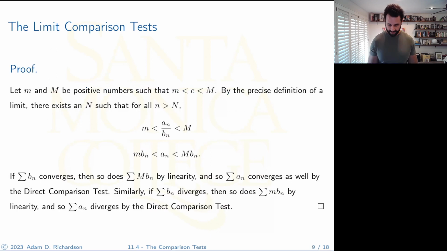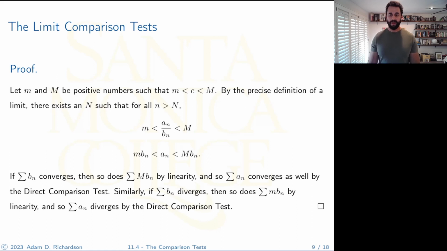Because we know that limit exists, there is a point where m will be less than that ratio and capital M will be bigger than that ratio. Multiply all sides by b sub n, and you get this. So in essence, the terms a sub n are trapped above these terms and below these terms.